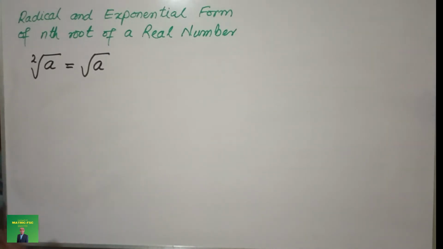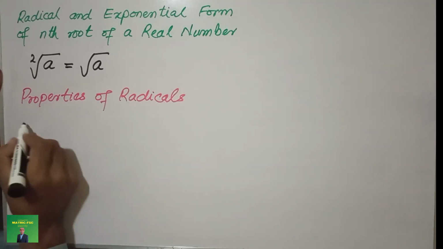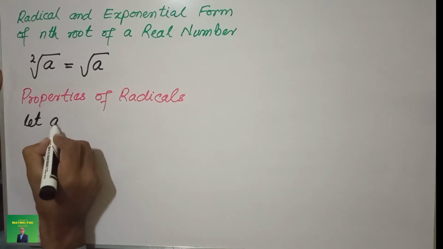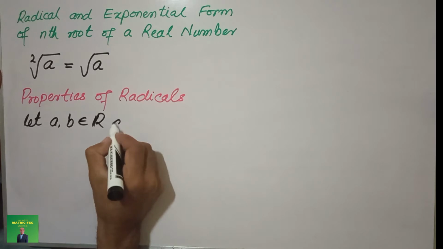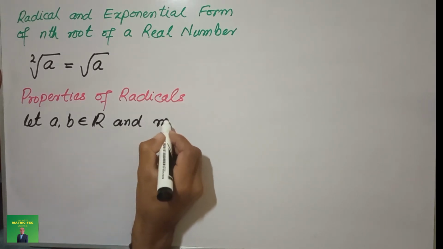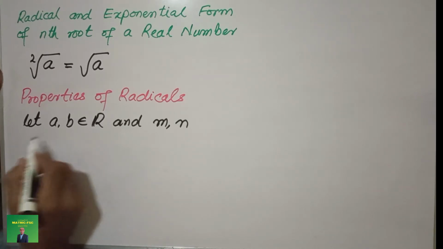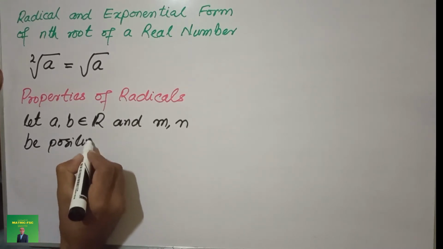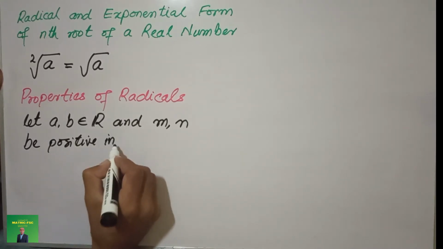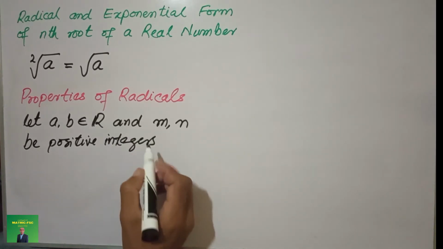Now we discuss some properties of radicals. Let a and b be any real numbers, and m, n positive integers, both greater than 1.